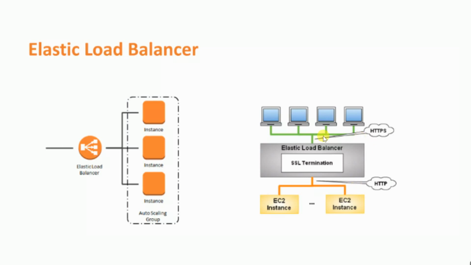That means if any user is trying to access https abc.com, but in the backend they require only port 80 for the EC2 instance, port 443 will be automatically converted to a port 80 request. So this is again a feature of the elastic load balancer, where we can terminate the SSL at the elastic load balancer.